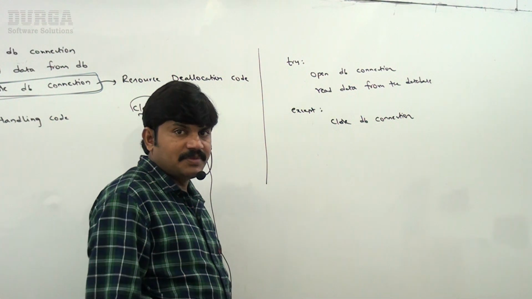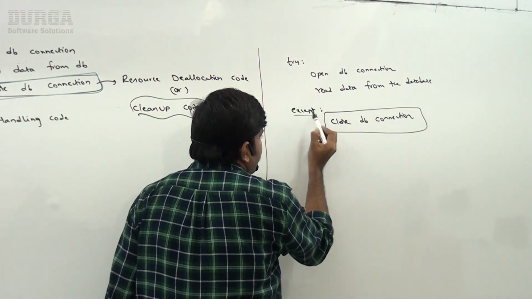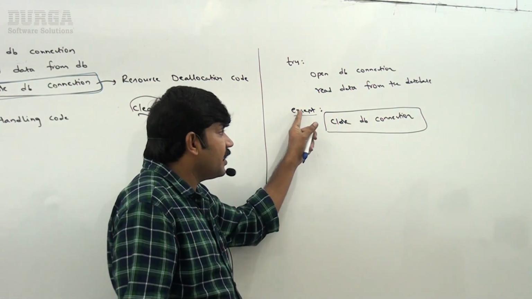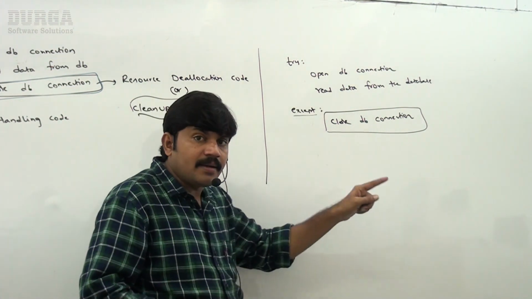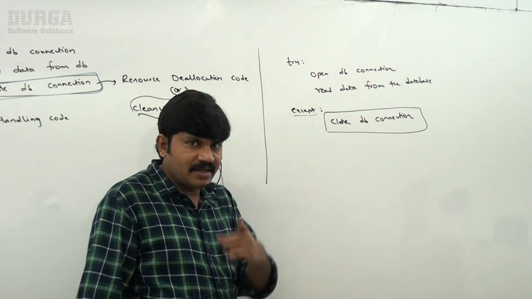Now observe this. The cleanup code, resource deallocation code, we are taking inside the except block. Can you please tell, is it recommended or not recommended? Yes, friends, it's also worse, not recommended.